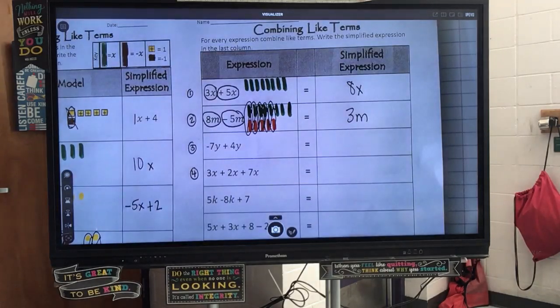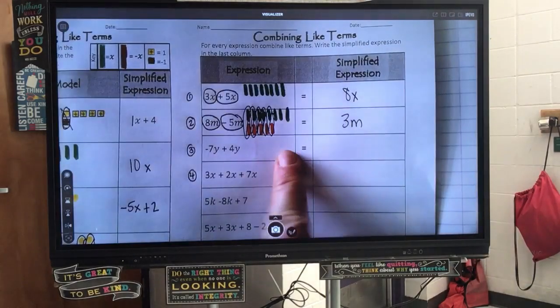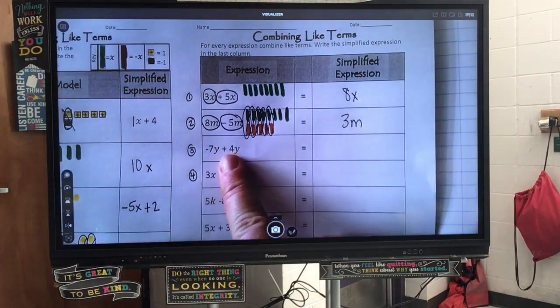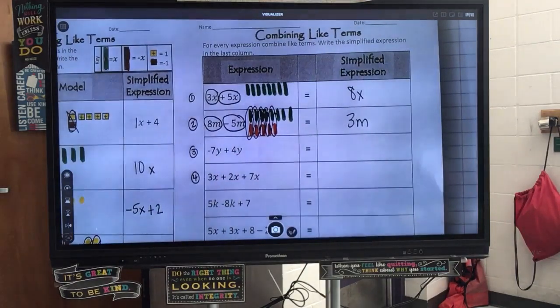So make sure you have your answer written down over here, and make sure you have your circles if you can combine anything, and your red and green and yellow if you need those.